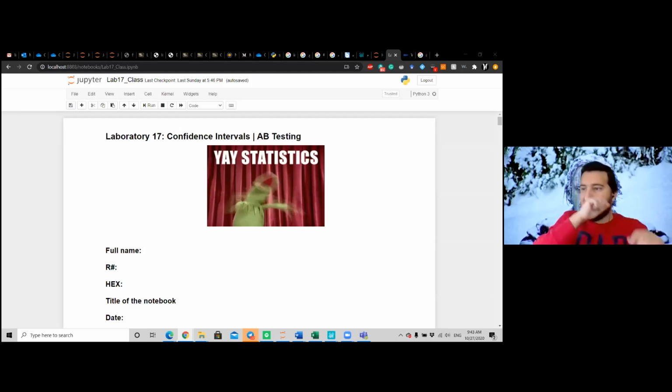So let us go ahead and begin our lab session, our lab 17. Today we are going to talk about confidence intervals and A/B testing. The meme that you're seeing here is for those of you who really love statistics as we are going through different topics.